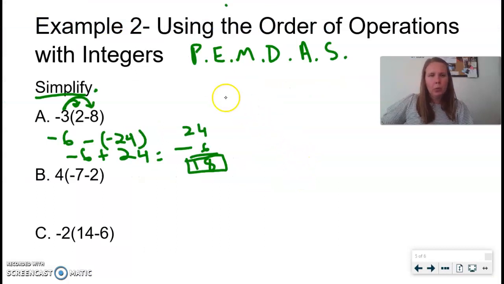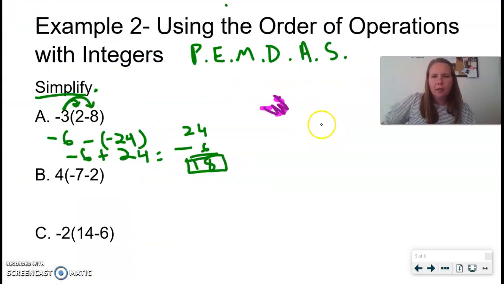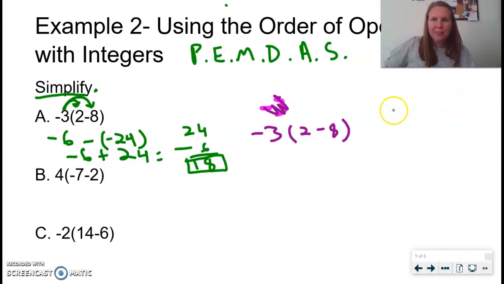All right, so let's go and look at this and let's do it a different way. So another way that you can solve this, why did this get bigger? Let's do this purple. So -3, I'm just going to rewrite it so it's a little nicer, (2 - 8). Now if you're thinking of your order of operations, what do you do first?